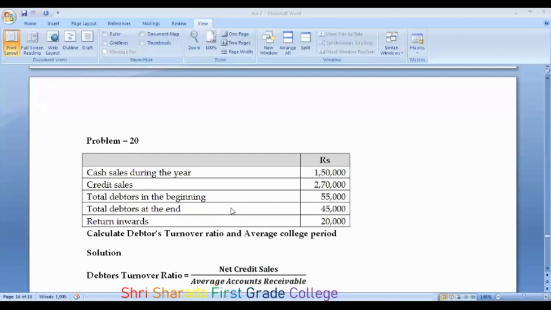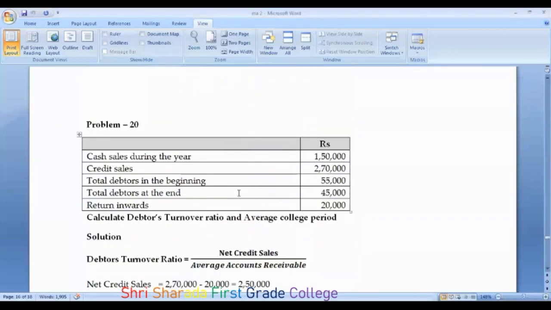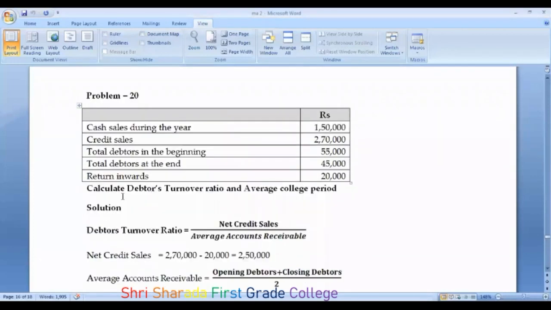Okay. So here in the case of the problem, they've asked you to compute the debtors turnover ratio as well as average collection period. Before calculating, know what actually this debtors turnover ratio is and what actually this average collection period is.